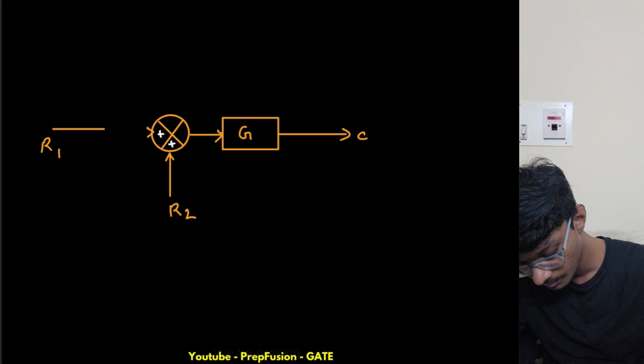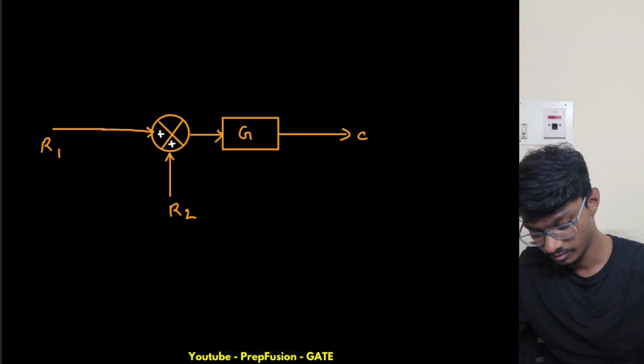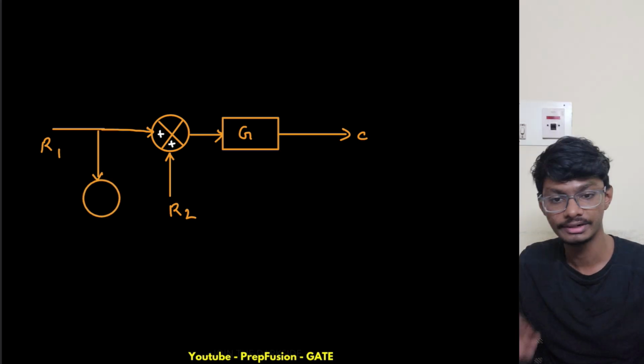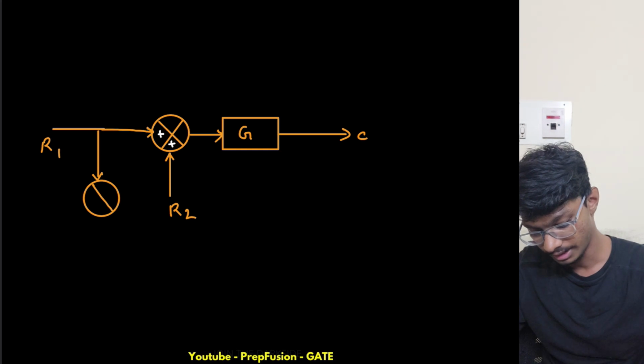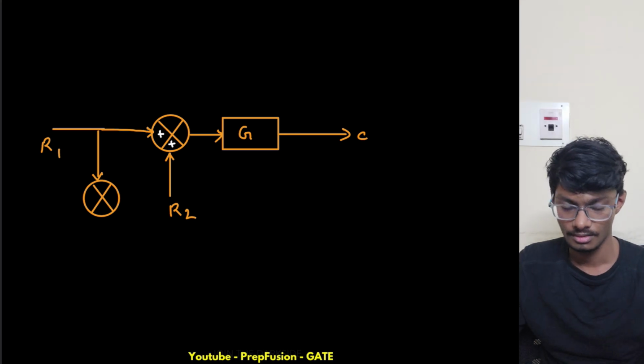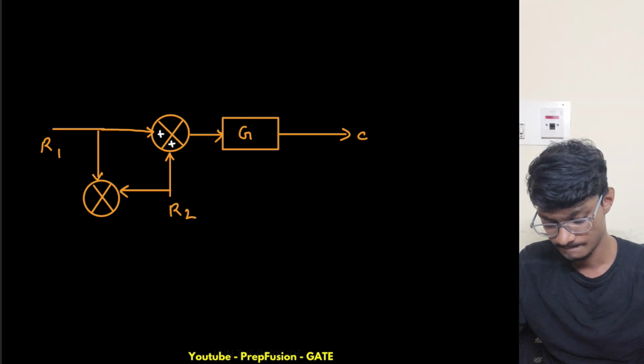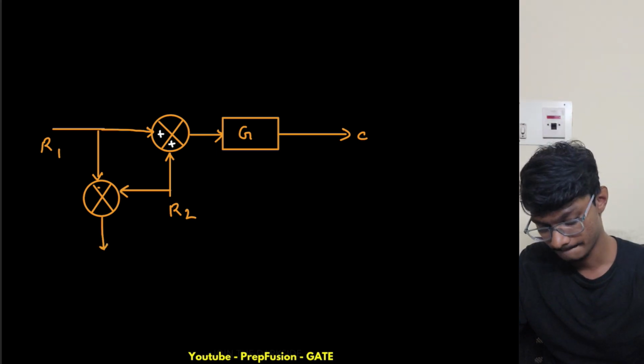What I will do is, I am taking this point from here, and we will need an extra adder component that will add R2 also. So from here we will get our output, which is R1 plus R2.